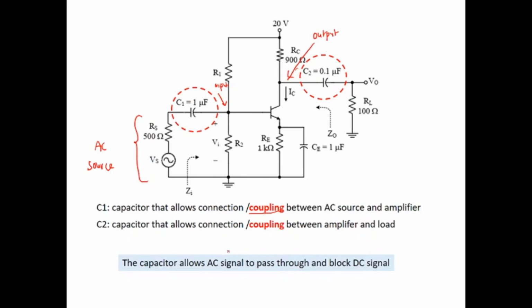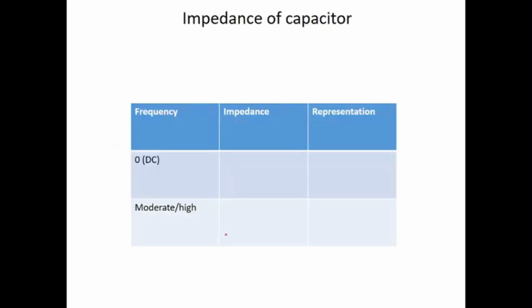So why do we use the capacitor? Because the capacitor will allow the AC signal to pass through, and at the same time it will block the DC signal. What does this statement mean? We can analyze the impedance of the capacitor.